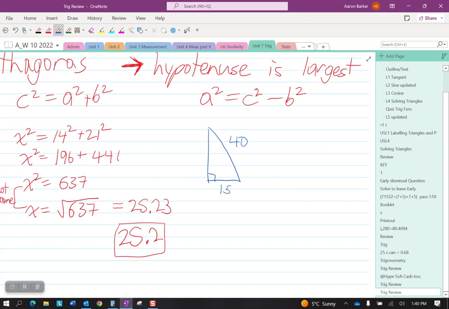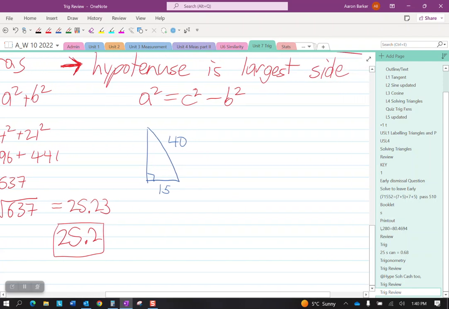Okay. So we're trying to find a leg, so we'll use the a squared formula. And this is x. So in this case, since we're trying to find a leg, we have to do a subtraction. So 40 squared minus 15 squared. We can't make anything longer than the hypotenuse.